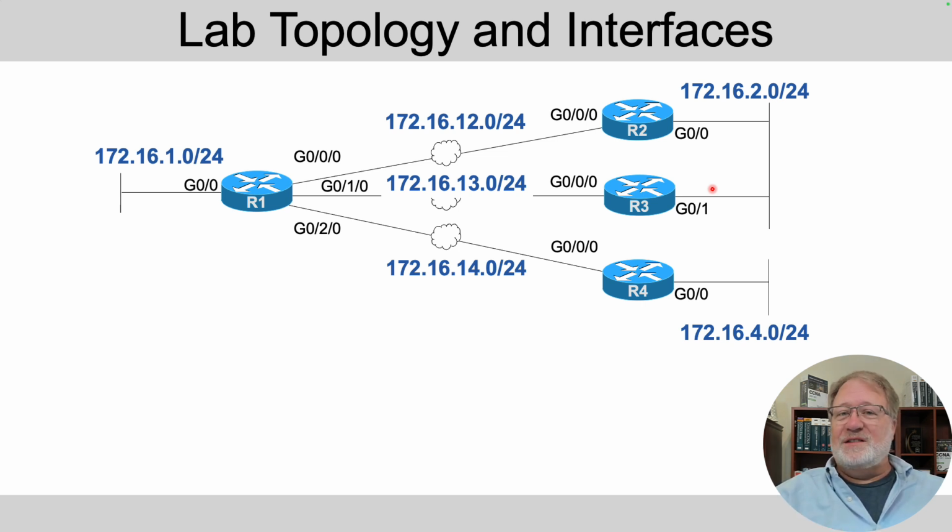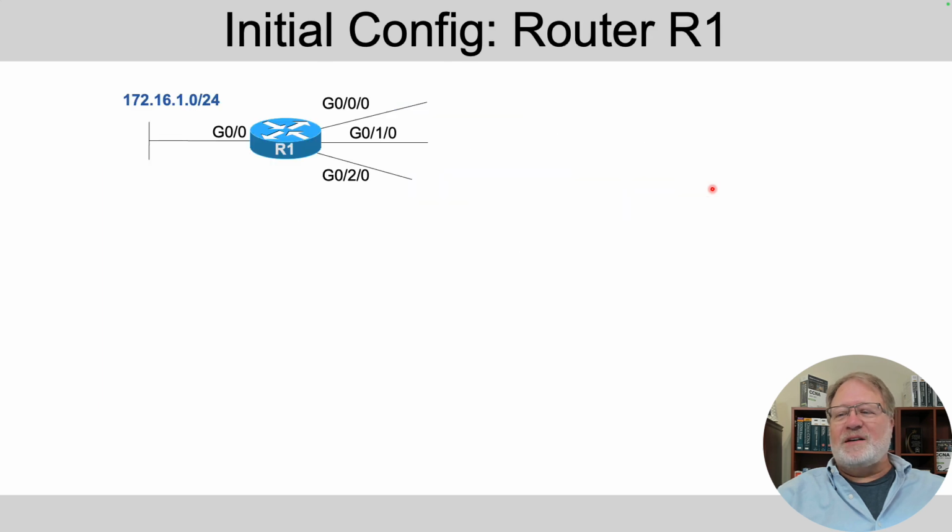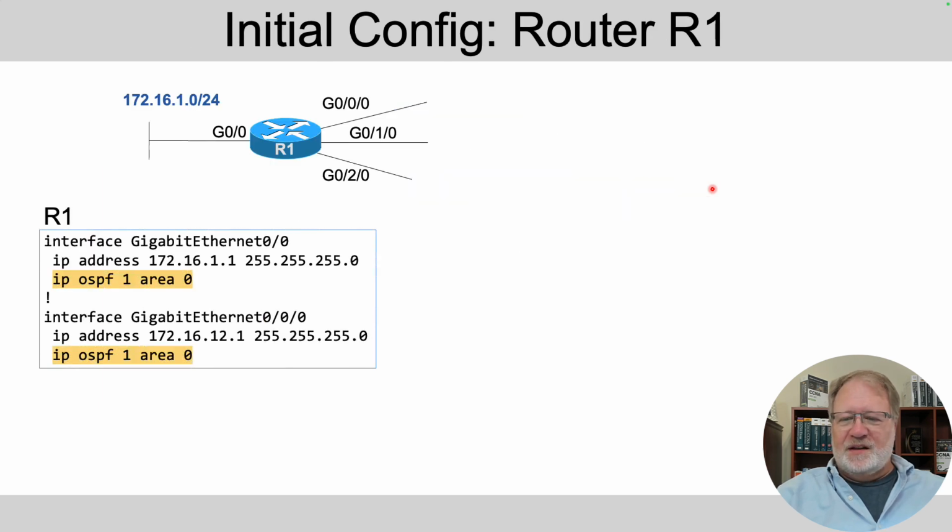Basically, OSPF is enabled on all interfaces, placing all interfaces in backbone area 0 to start the lab. Just to show that configuration to support that claim, here we go on router R1. We've got these ip ospf 1 area 0 commands. This is interface configuration for OSPF that basically enables process 1 and places the interface in area 0.